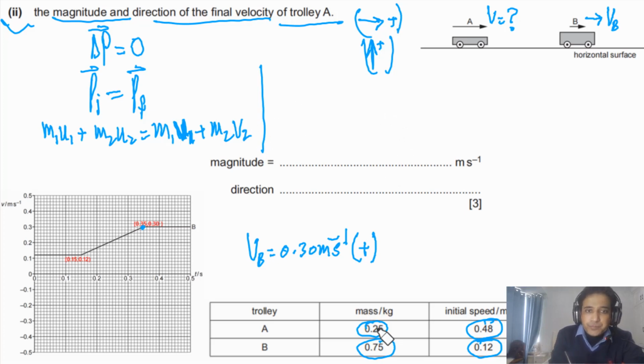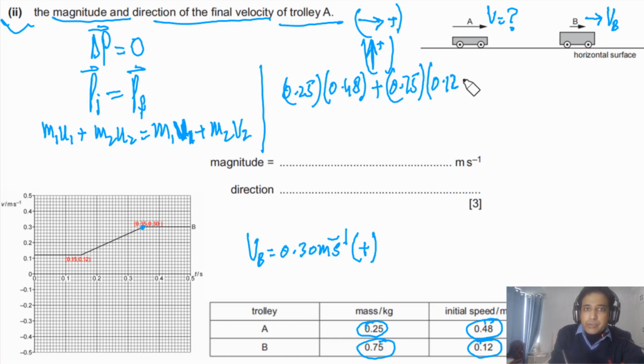The mass of trolley A is 0.25, and its initial velocity is positive because the trolley is moving to the right, plus for the second trolley, the mass is 0.75, and this trolley is moving to the right because this is positive, so we have 0.12, and we have the mass of trolley A here.